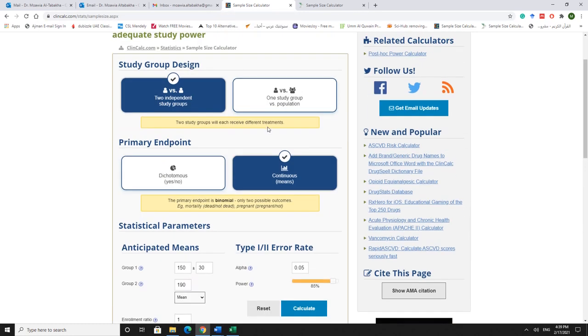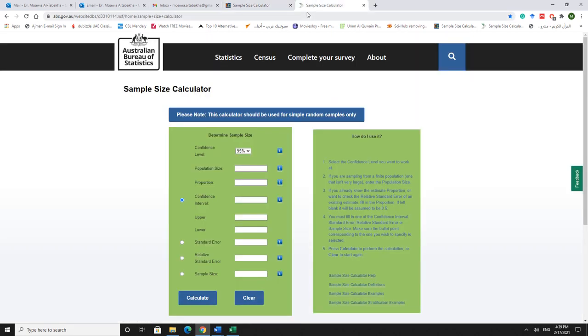Also, in this one it assumes that the population is very large. If the population is smaller or limited or finite, for example the number of pharmacists in UAE or the number of physician consultants in UAE, then in this case there is another website that you can use, and this is specifically when you want to do a survey.